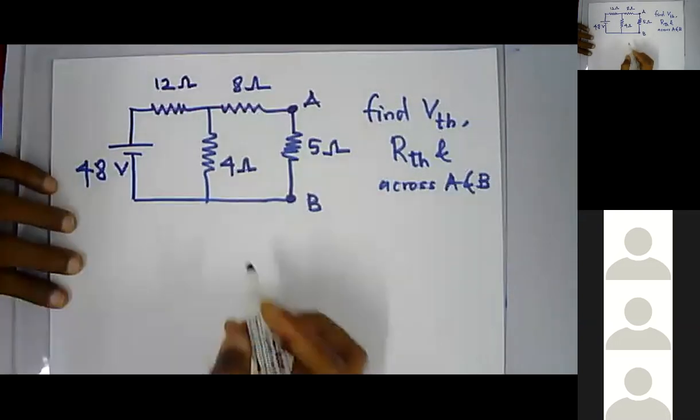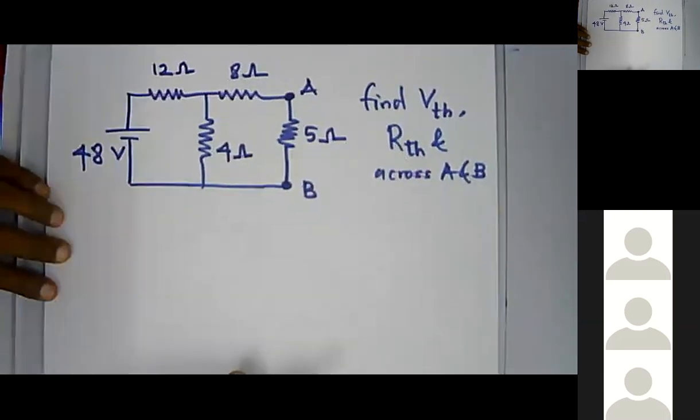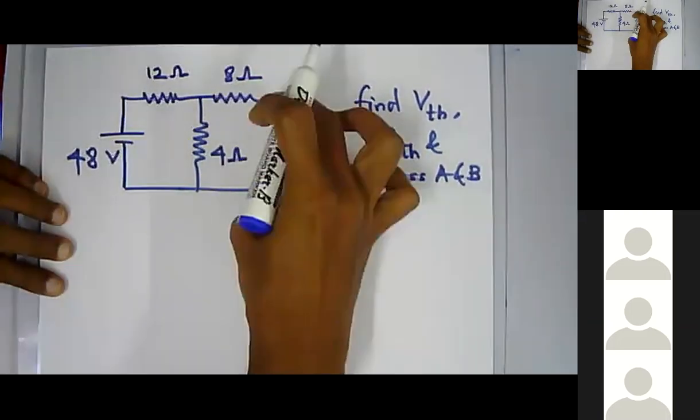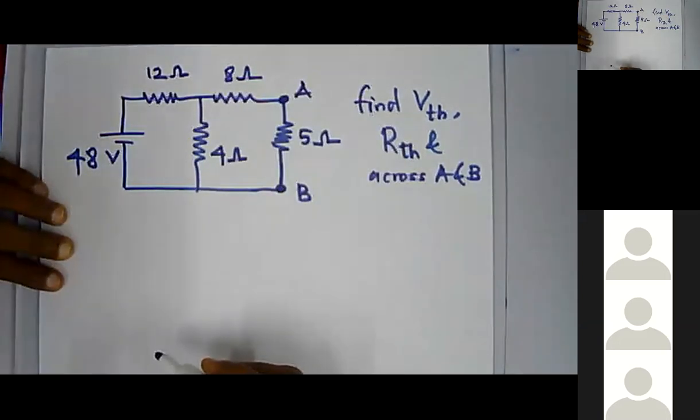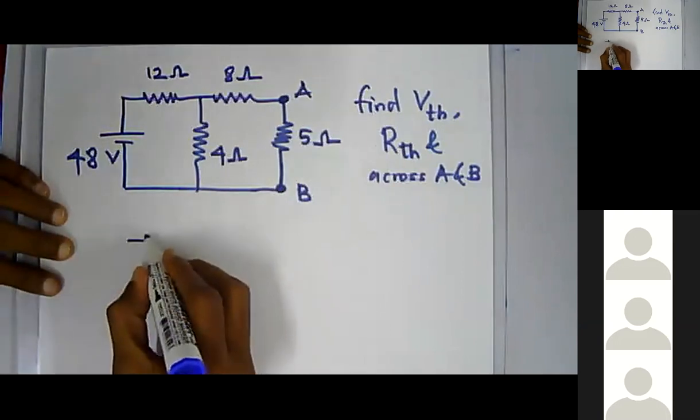Now the question is across A and B. The first step is to remove the 5 ohm resistor. So now you will have a circuit something like this.